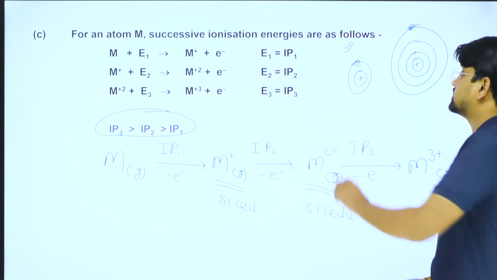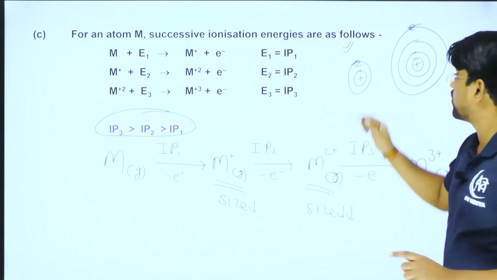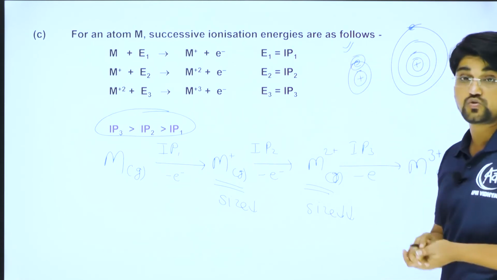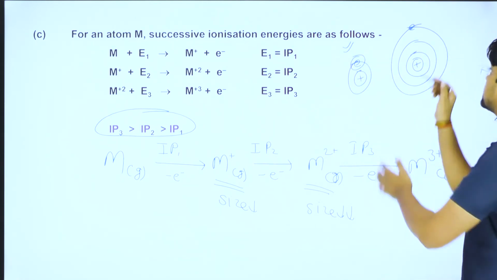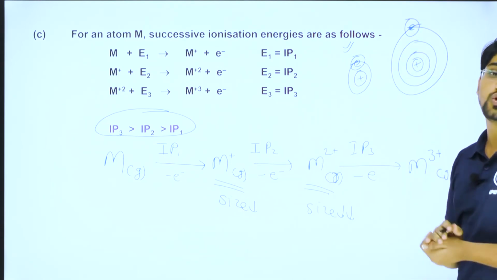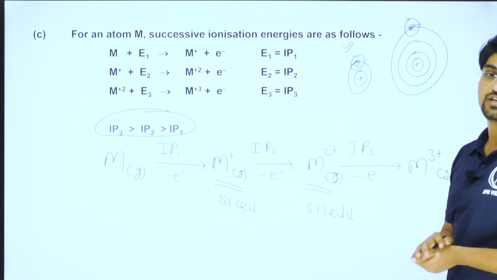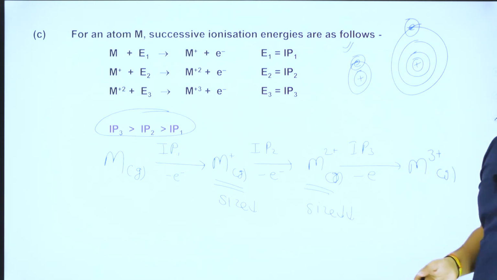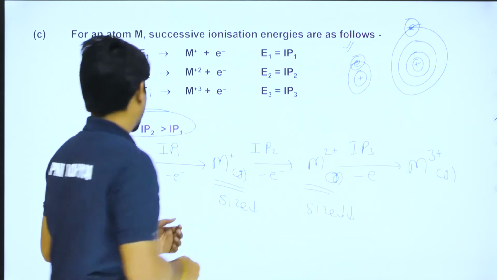Closer to the nucleus means more attraction towards this electron by the nucleus. And in this case, this electron is far away from the nucleus, so low energy is required. So it is clear: smaller the size, higher the ionization energy.